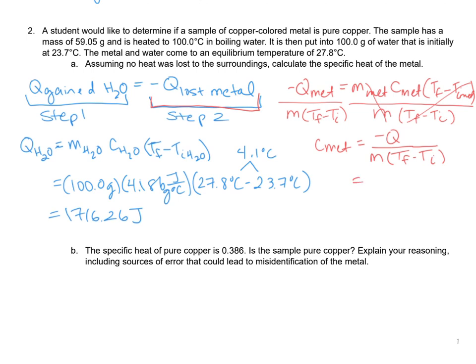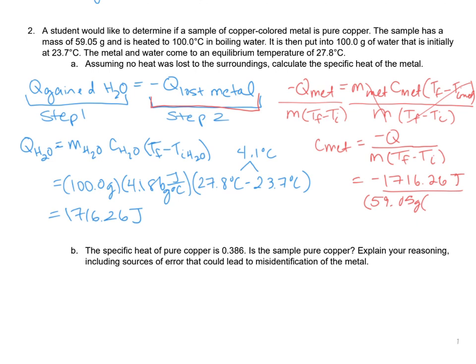And when we plug in our numbers, remember the negative Q is that thing we solved for in the first step of the problem, but negative this time. So negative 1716.26 joules. And the mass, remember it's the mass of the metal, so 59.05 grams.